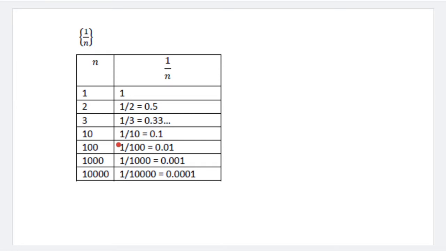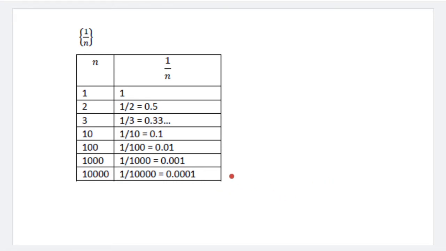If it's 100, 0.01. 1000, 0.001. 10,000, 0.0001. So you will notice here our number is getting smaller, getting very, very small. So the question here is, is it going to any number in particular?